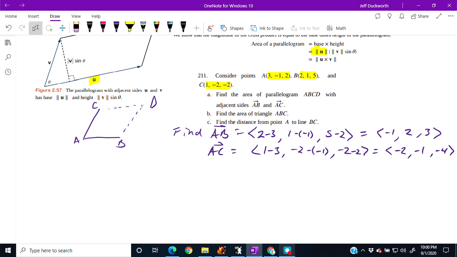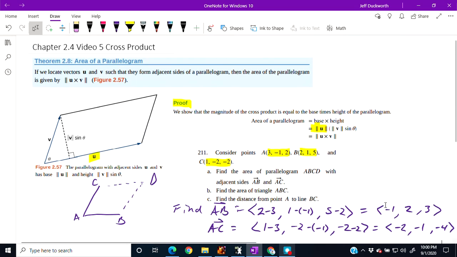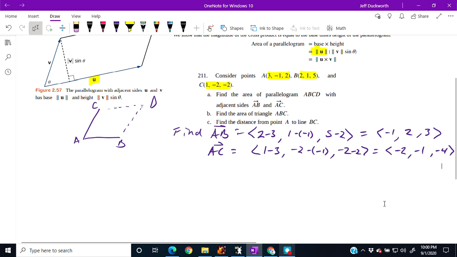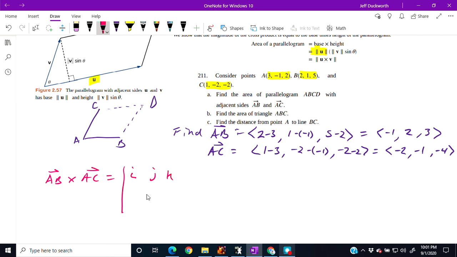All right, so in order to do this, we can let AB be u and AC be v, and we need to find the cross product of these two. We'll use a determinant method. I think that's a little easier to see, certainly easier to do. So our AB vector is (-1, 2, 3).